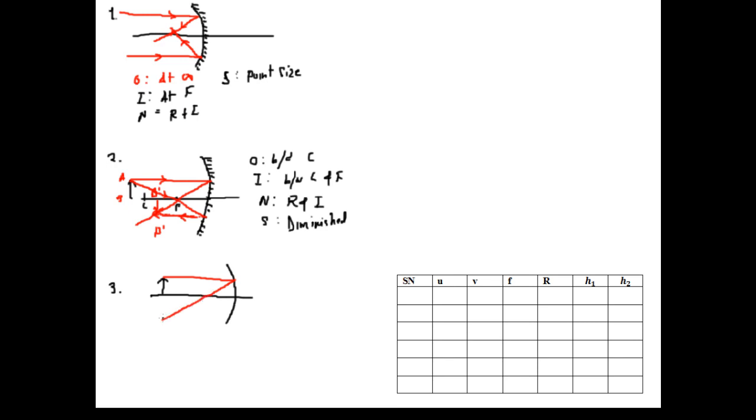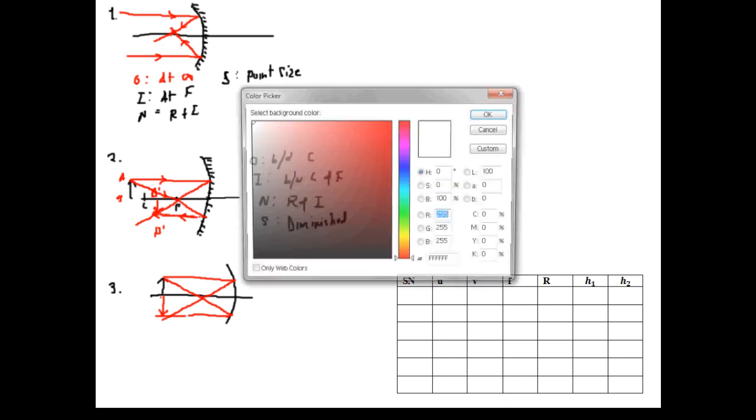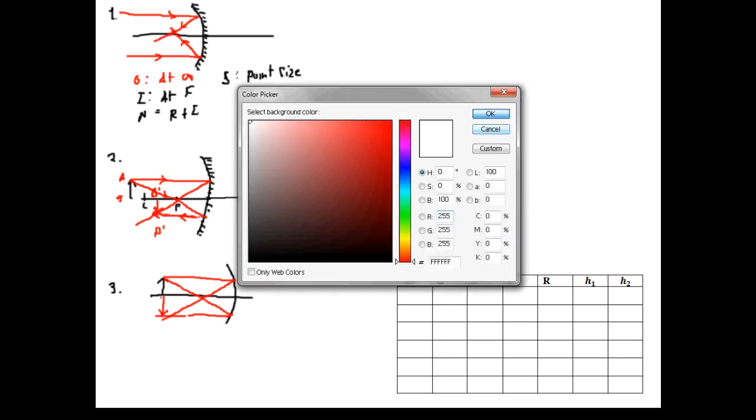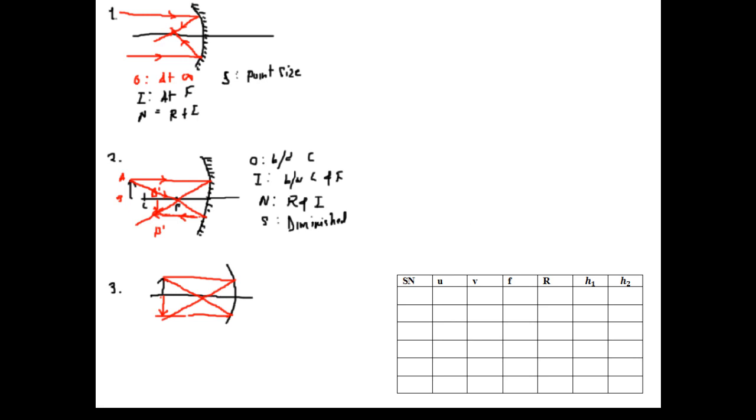Just a minute, I will clear it. So it will be from here to here. This is it. This is A B. This is A prime B prime.